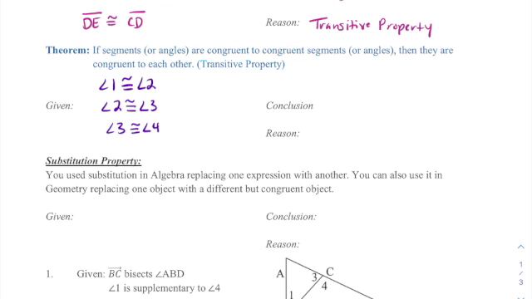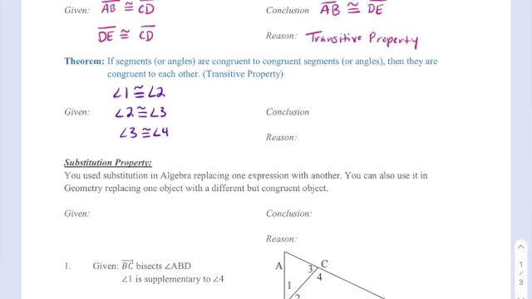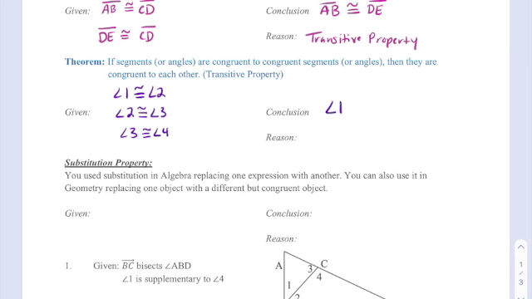This forms, the easiest way to think about it is like the logic statements we set up, a chain, all the way connecting that angle 1 and angle 2 have the same measure, but angle 2 and 3 are also congruent, but angle 3 is also congruent to angle 4. This allows us to conclude, therefore, that angle 1 is congruent to angle 4 by the transitive property.